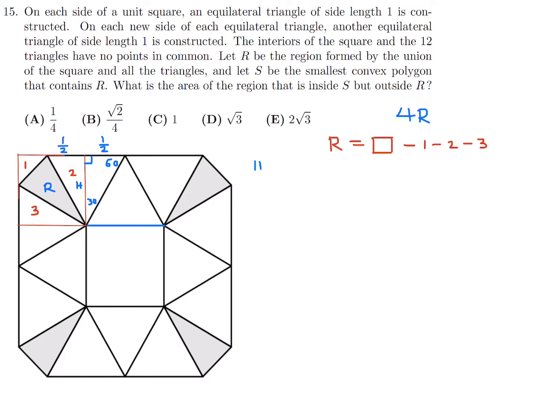So h over a half is the same as root 3 over 1, so h is equal to root 3 over 2. Some of you don't even need to do that; you can do that in your head for a unit triangle. So this is root 3 over 2 right there.